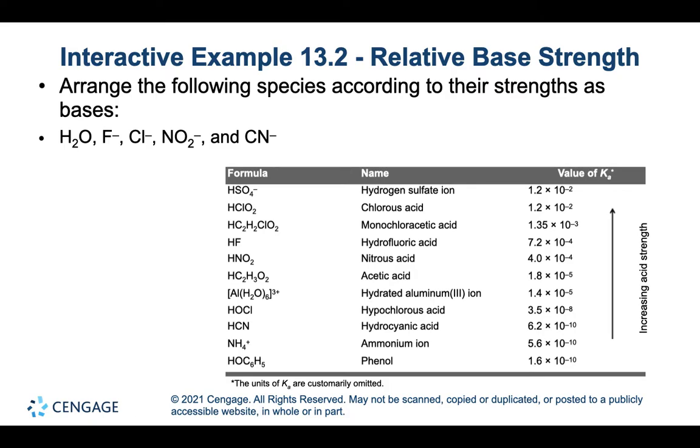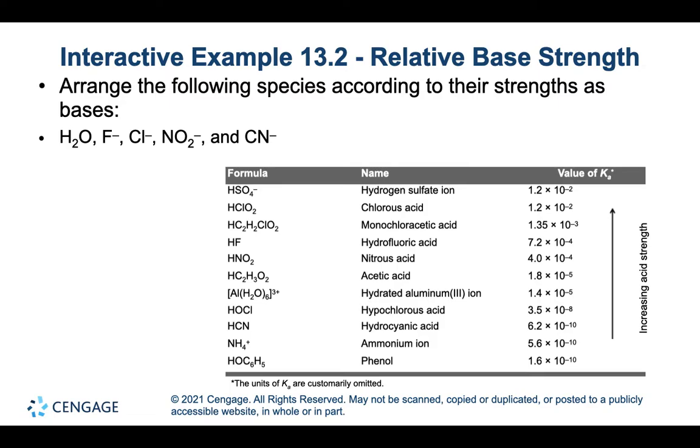So for practice here, let's try to arrange 5 things according to their strength as bases. So we have water, F minus, which is the conjugate base of HF, which we see in this chart. HF is hydrofluoric acid, 7.2 times 10 minus 4.